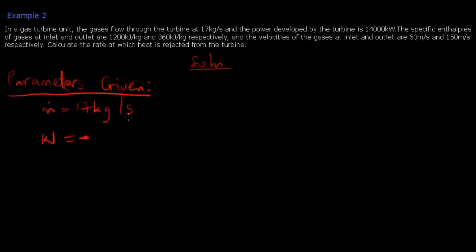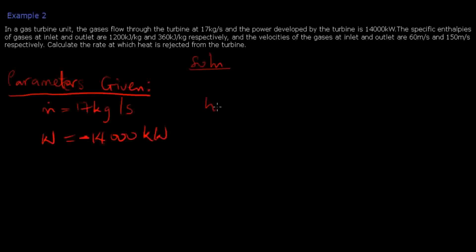So the turbine does work on the surroundings, so work done by the turbine will be minus 14,000 kilowatts.